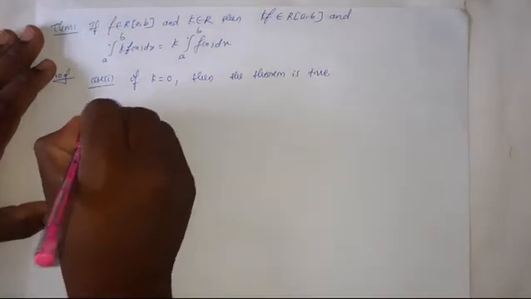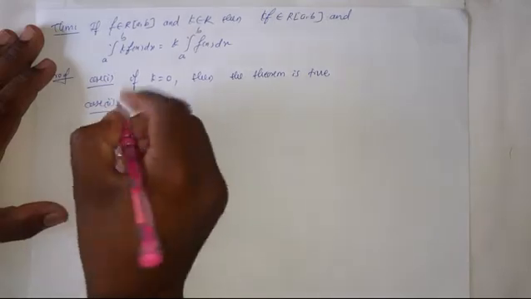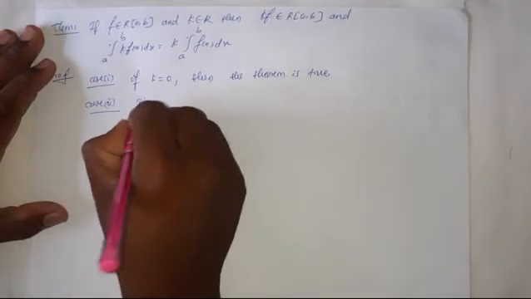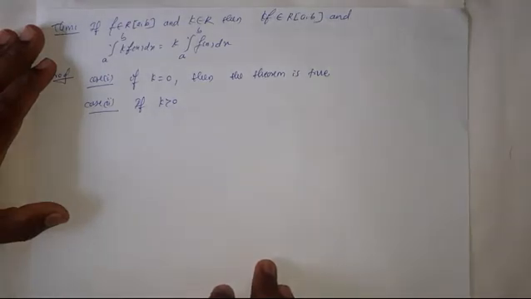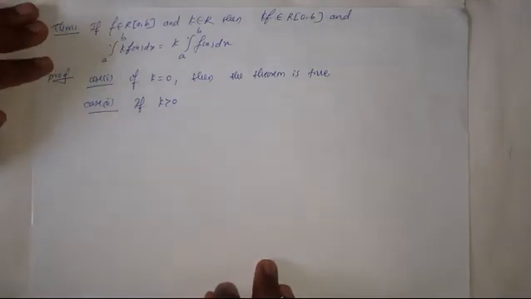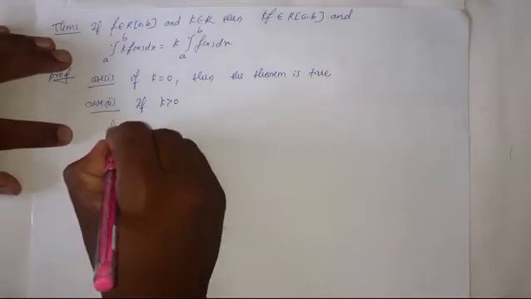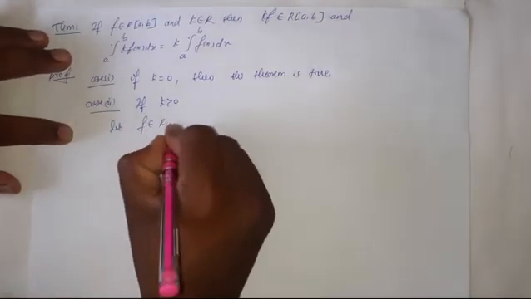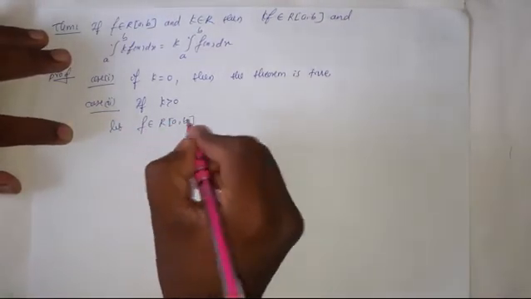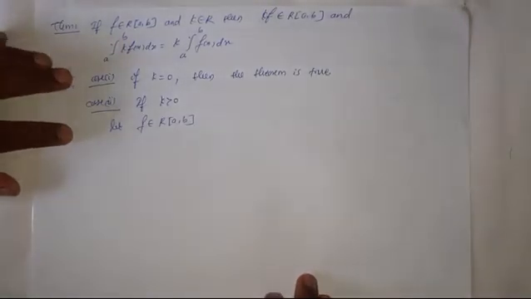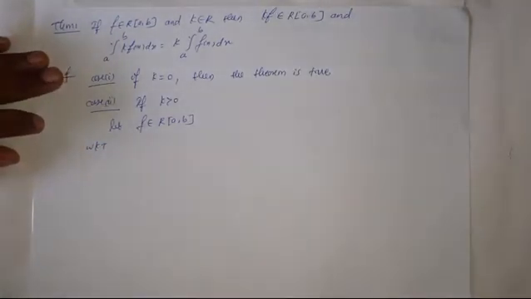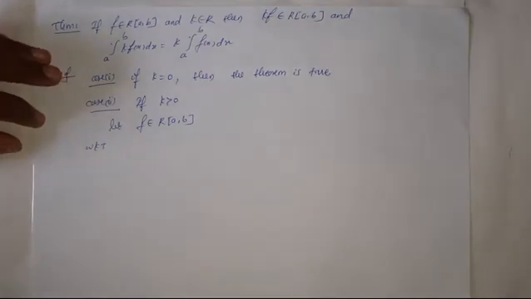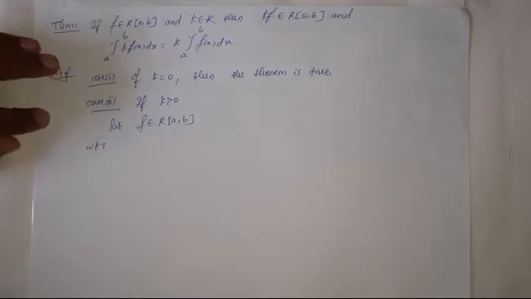Then case 2, if k is greater than 0, meaning k is any positive real number. Now let f belong to R of closed interval [a, b], that is, f is Riemann integrable. So we know that if f is Riemann integrable, then the upper and lower Riemann integrals must be the same.